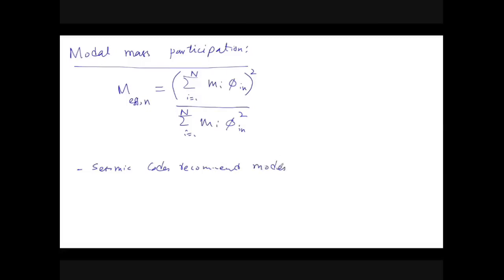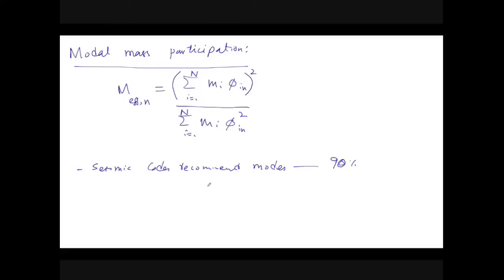So you take a sufficient number of modes until the contribution of mass becomes 90%. Now remember that it doesn't mean that the 10% weight of the building can be ignored. It's only the code's way of limiting the number of modes in the analysis to only significant modes.